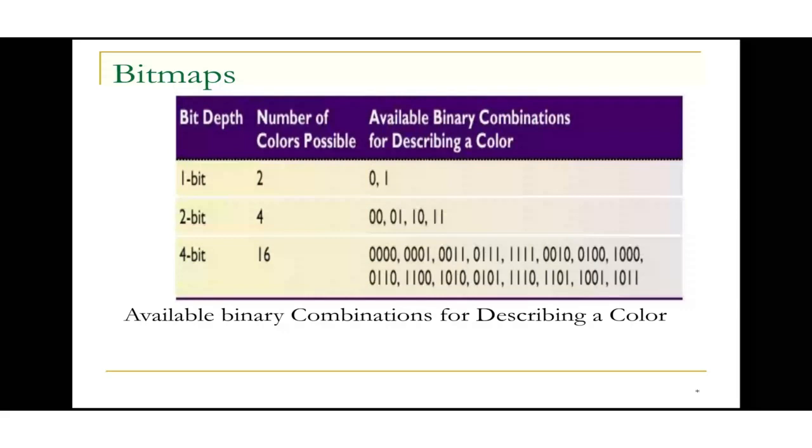So that would be like a black and white system. But if you want your system to show more than 2 colors, then you have to go to higher levels of bits per pixel. We discussed this last time, so I don't want to go back to that.